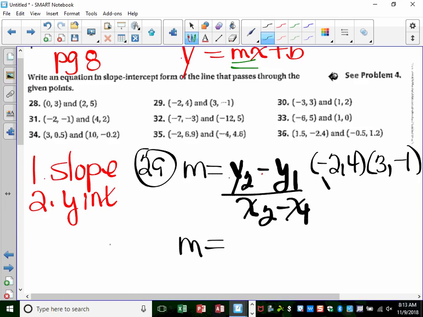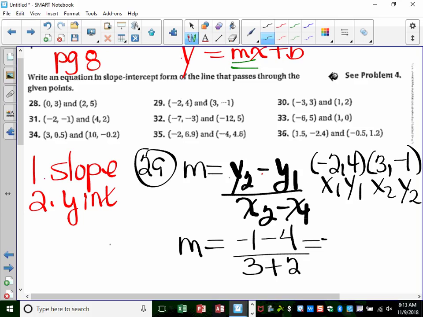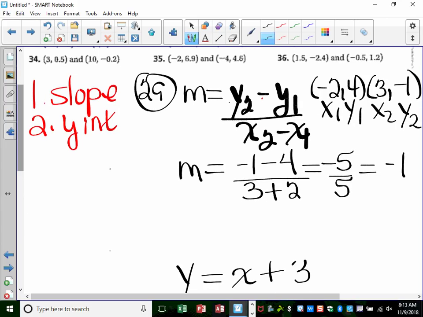I'm going to say x1, y1, x2, y2. So I'm going to have negative 1 minus 4 at the top. On the bottom, 3 minus a negative 2 is really what? Plus 2. So that gives me negative 5 over 5, which equals what? Negative 1. Very good. So I got my slope.